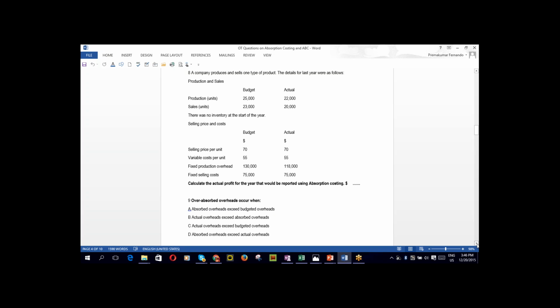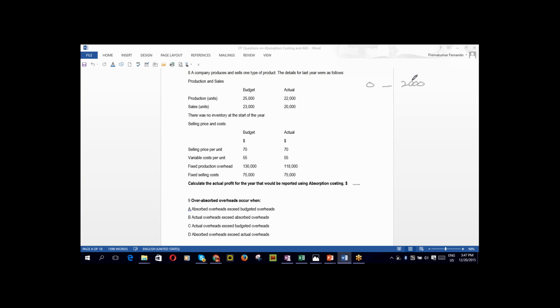Actual production 22, sales 20, so they have an inventory level of 2,000. Opening 0, closing 2,000. That is the inventory increase.